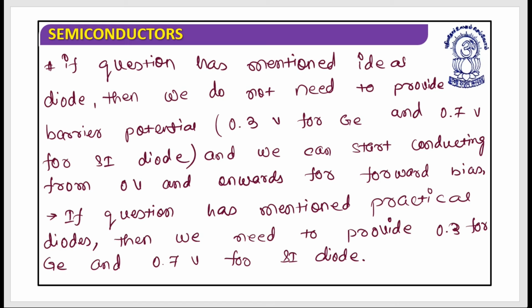So if they have mentioned ideal diode, then we do not need to provide anything, neither 0.3 nor 0.7, and we can start conducting from the very beginning. But if they have mentioned that it's a practical diode, then we need to provide 0.3 for germanium and 0.7 for silicon diode.